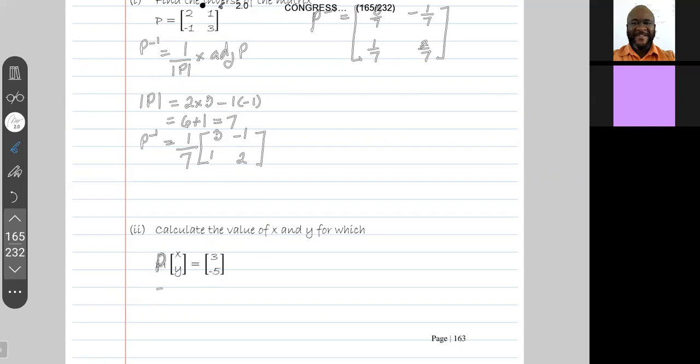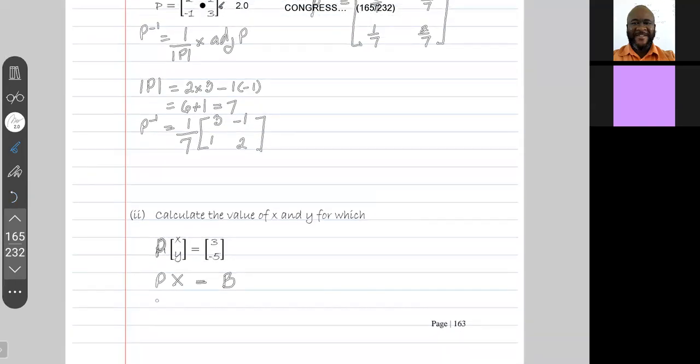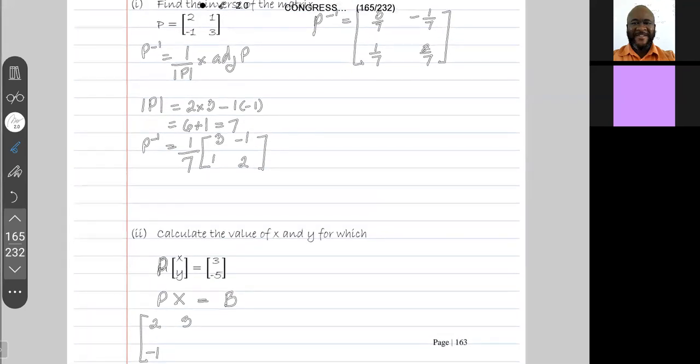So P, or I should say P now, times the matrix X is equal to the matrix B. P is the matrix 2, 3, minus 1. It's not 2, 3, it's 2, 1.